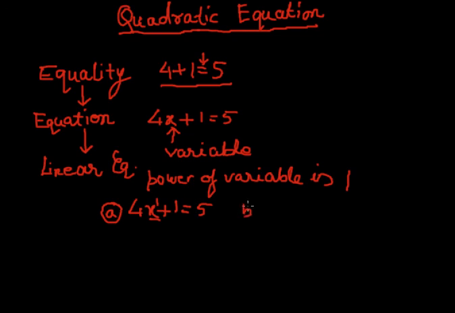If we take another example, now in this example 4x plus 7 is equal to 7y. Here the variables are x and y, but in both the variables the power is 1.